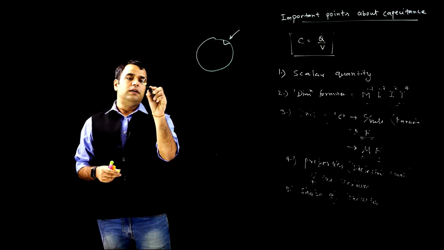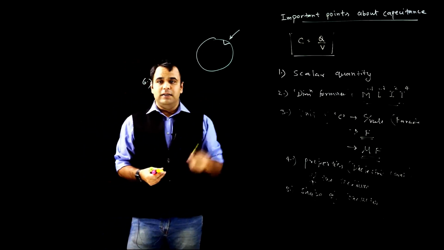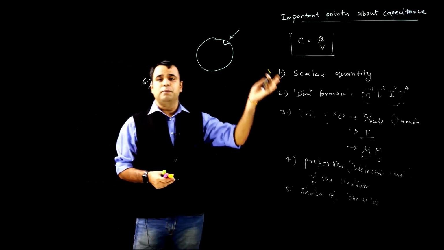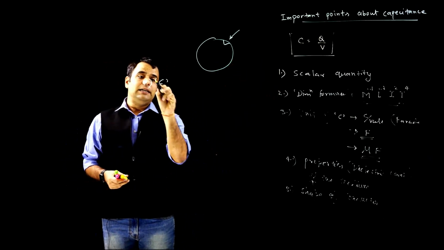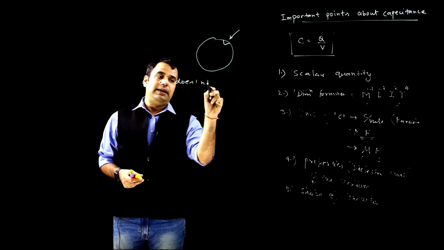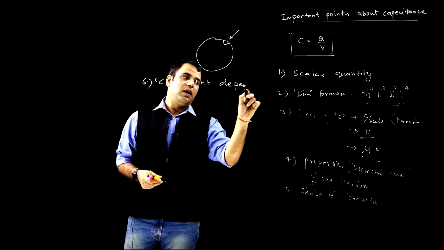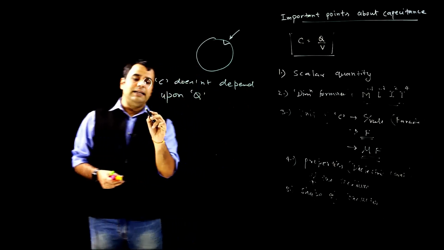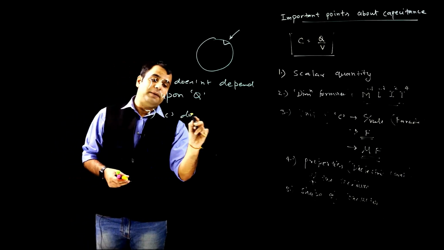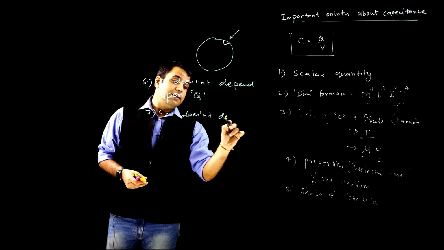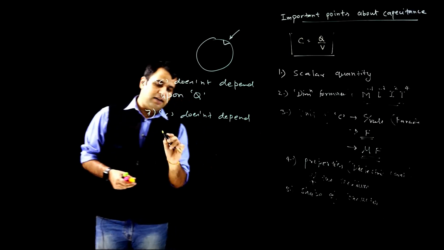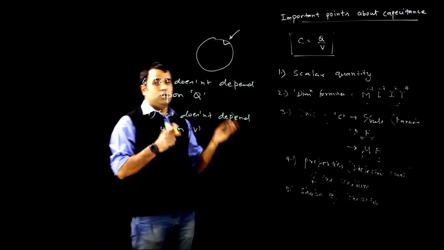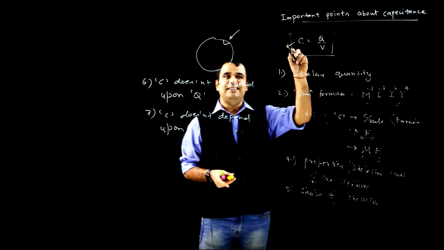Okay. Next thing is what it doesn't depend on. The capacitance doesn't depend upon the value of Q. Though in the formula you might see the C depends upon Q, but C does not depend upon Q, as well as it does not depend upon V. So in the formula you might see that C is proportional to Q and C is inversely proportional to V, but it's not the case.